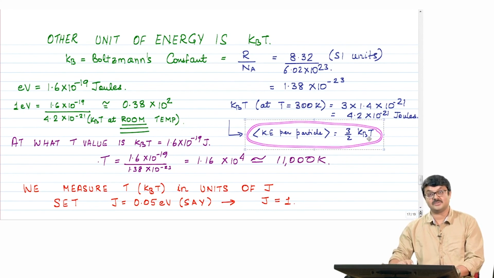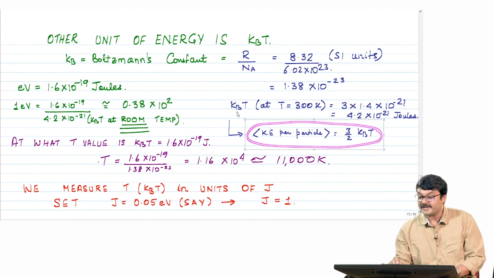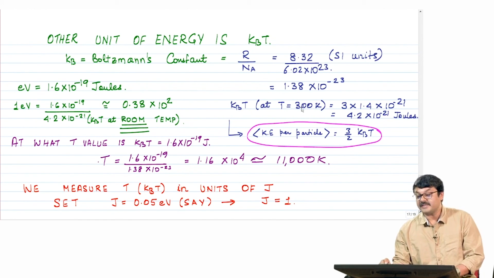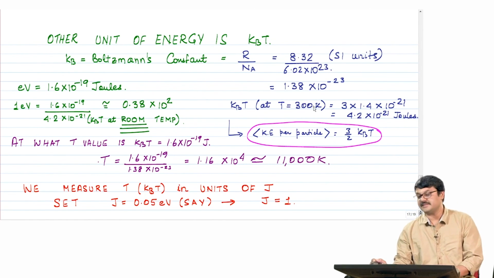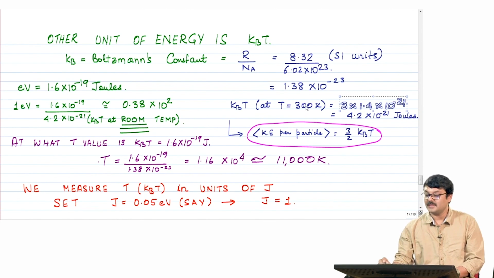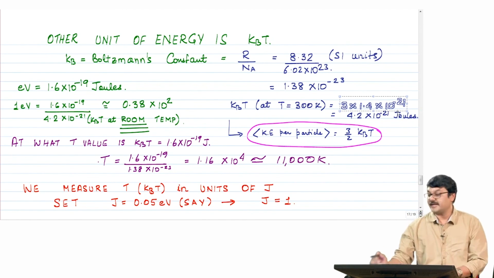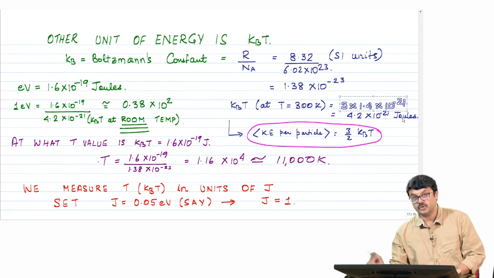So, kBT has units of energy, and kBT at T equal to 300 Kelvin, which is essentially 27 degrees centigrade, is 3 into 1.4, I have taken 1.38 to be 1.4, into 10 to the power minus 21, which is basically 4.2 into 10 to the power minus 21 joules.